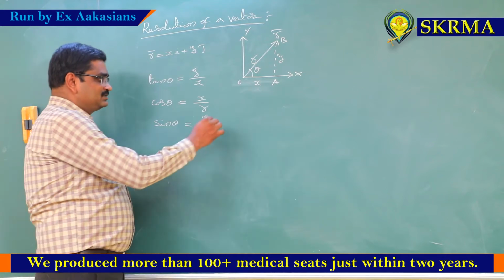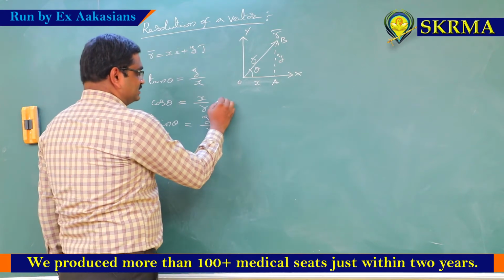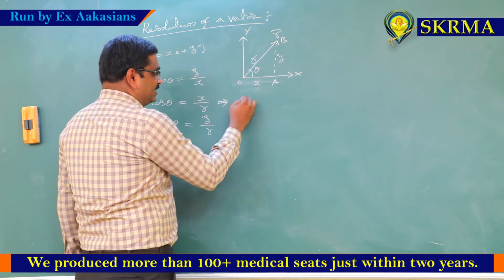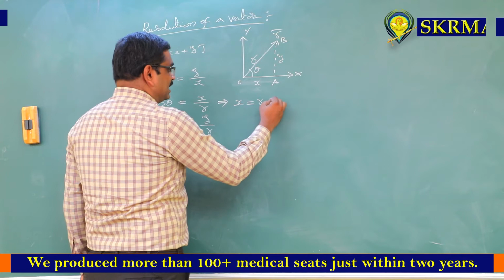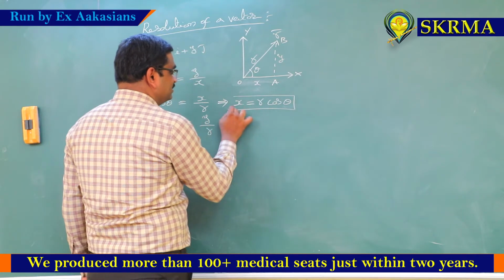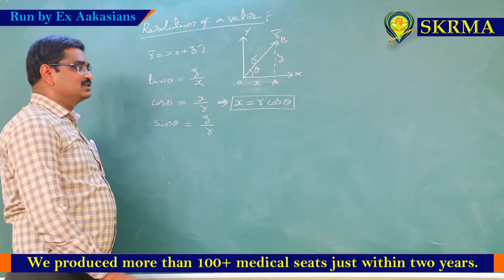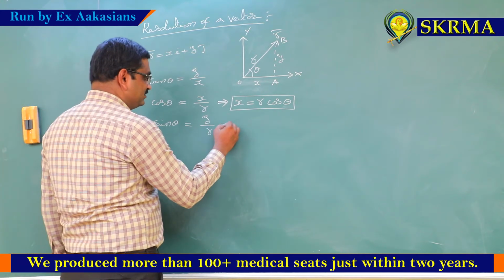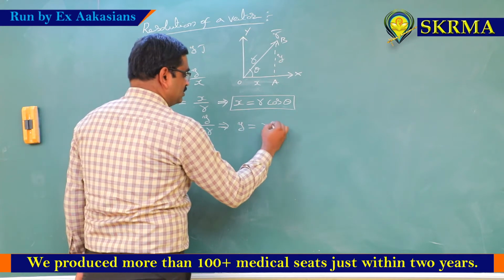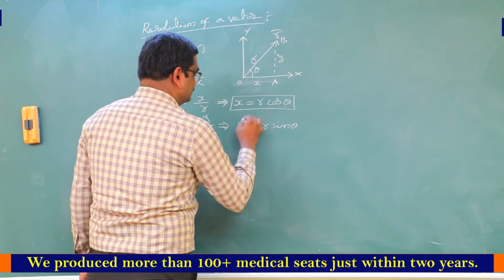Now from this equation we can rewrite x as r cos theta. So what is the value of x? From this equation, r cos theta is the value. Now from this equation, y equals r sin theta.